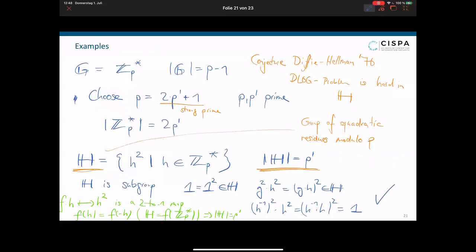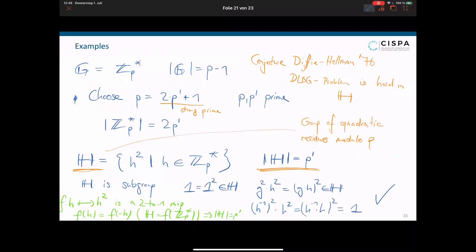over time, people have found attacks that are not polynomial time, but that do better than expected, right?